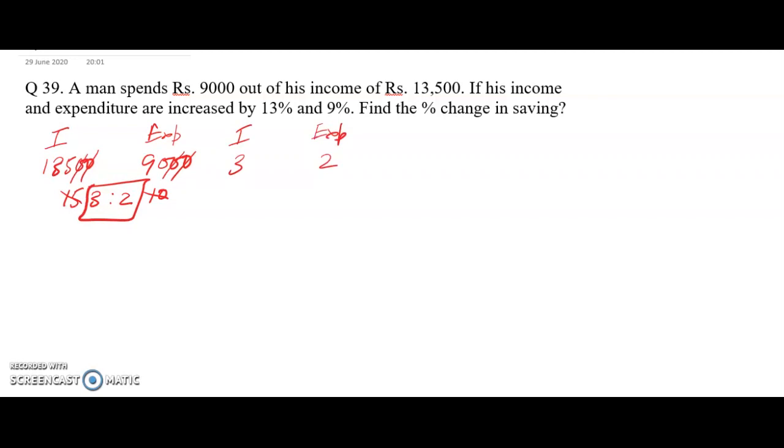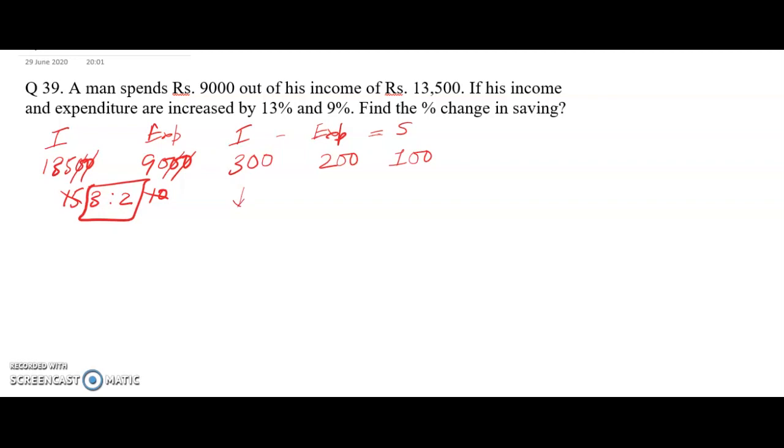So income minus expenditure will give us our saving. 3 minus 2 is 1. Now let's make these units in hundreds. So income will be 300, 3 into 100, 2 into 100, 200, 1 into 100, 100.